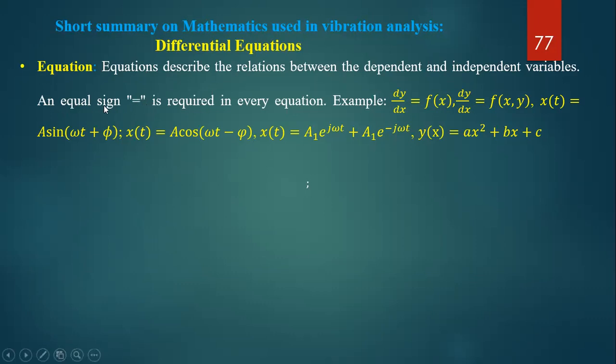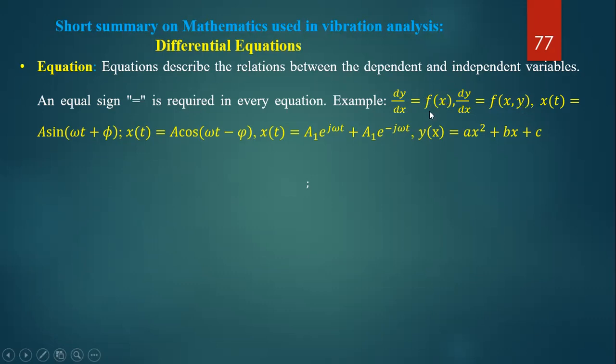Most of the time we use the equal sign in our notation, for example dy over dx is equal to f of x. This is a first order differential equation. dy over dx is equal to f of x, y when our variables are x and y.